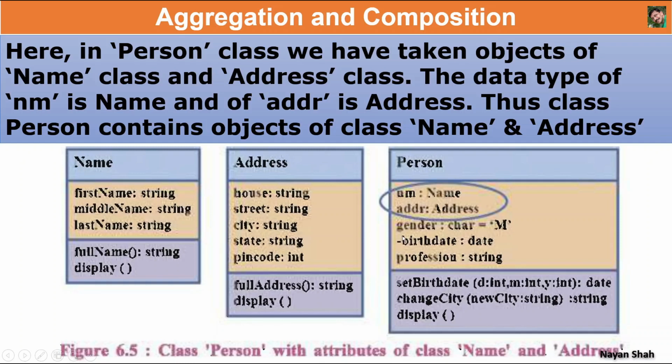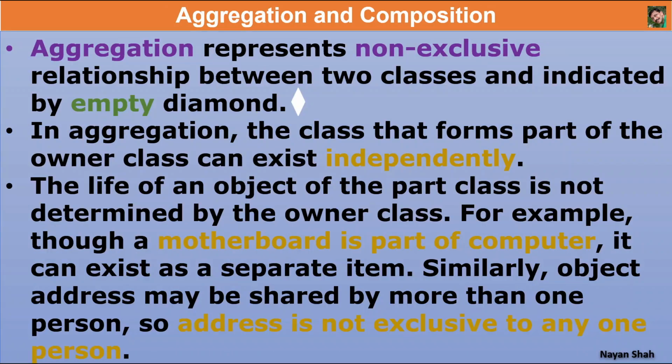Now let us see the difference between aggregation and composition. Aggregation represents non-exclusive relationship between two classes, and it is indicated by an empty diamond symbol.